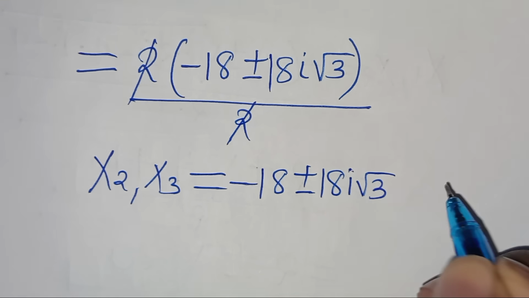So these are two complex solutions. x2 is equal to minus 18 plus 18i square root of 3. x3 is equal to minus 18 minus 18i square root of 3. These are two complex solutions with only one real solution, which is x1, and this is equal to 36.